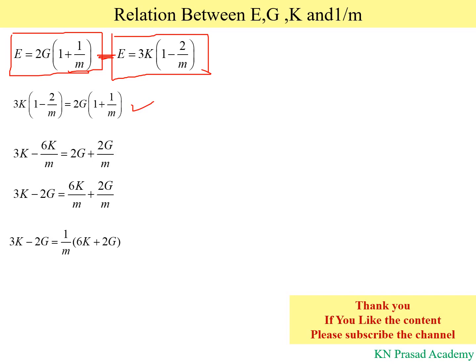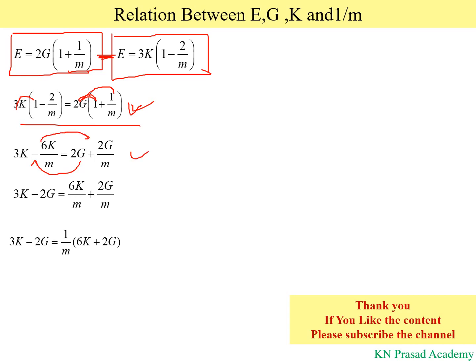So we will get the 1 by M value in terms of K and G. Here, 3K minus 3K into 2, that is 6K divided by M. So 3K minus 6K by M equal to 2G plus 2G into 1 by M, that is 2G by M. Writing it once again, 3K minus 6K divided by M equal to 2G plus 2G by M. Now bring 2G here and bring the 6K by M here.